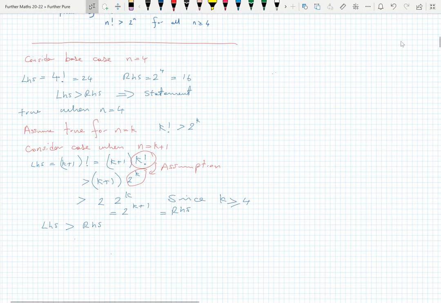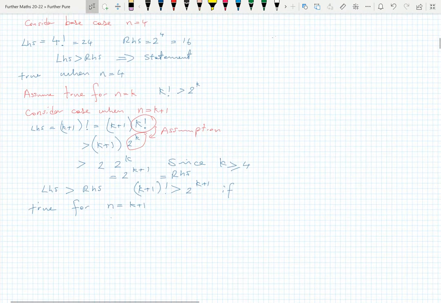I should write it again maybe here, we can say that k plus 1 factorial is definitely greater than 2 to the k plus 1, if true for n equals k plus 1.